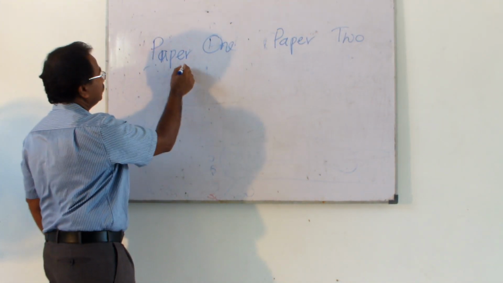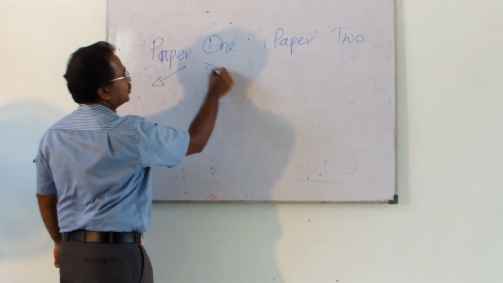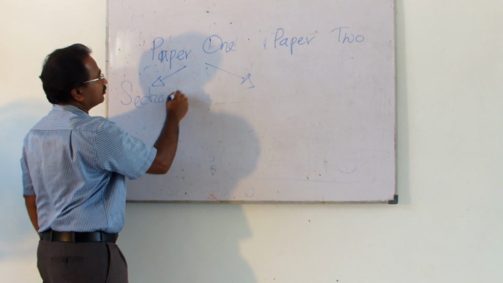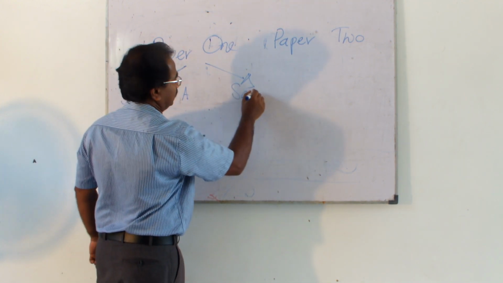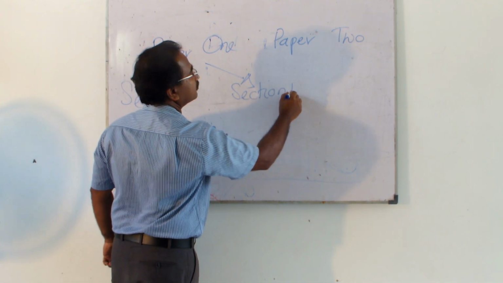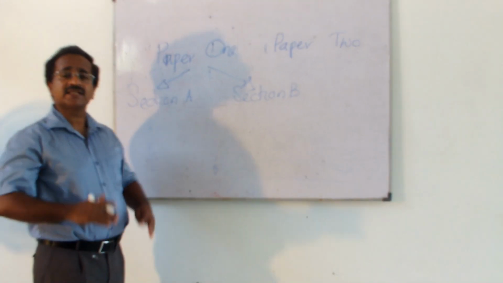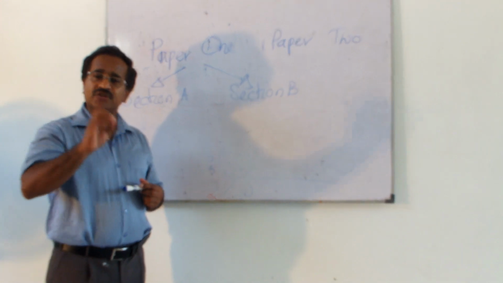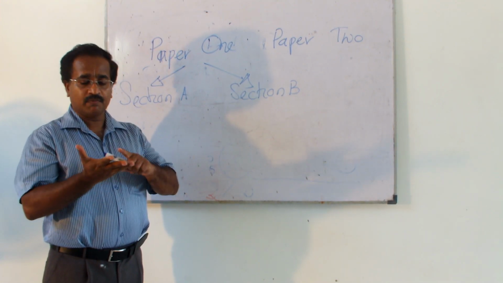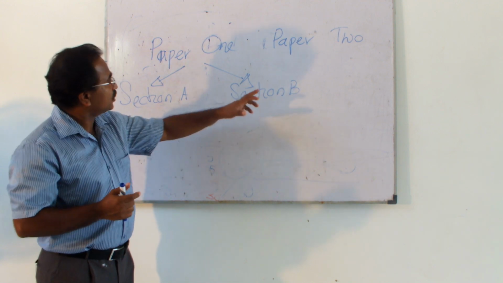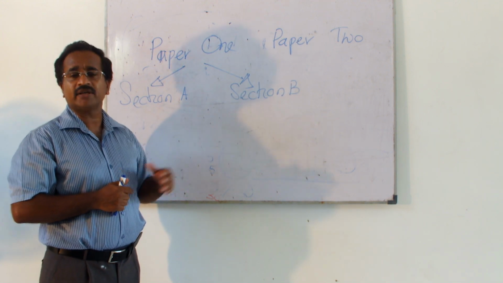Paper 1 has two sections, section A, section B. In section A, there are 6 questions. These 6 questions come from poetry, drama and prose. In section B, there are 3 questions.